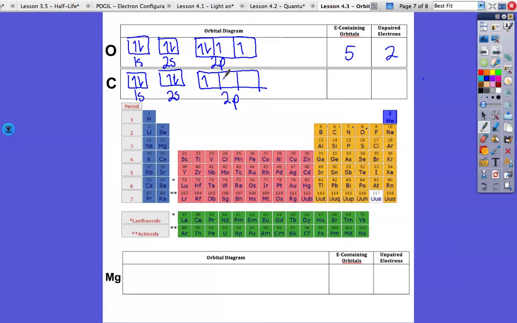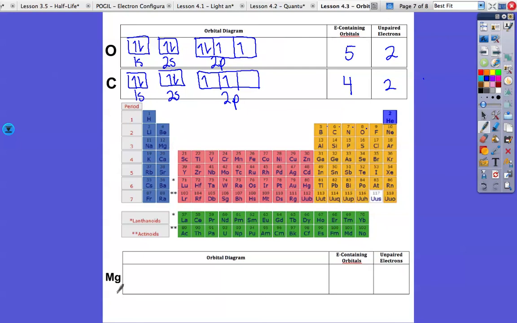So the first box gets 1 and the second box gets 1. And that's all of the electrons that we have. For electron-containing orbitals, we only have 4 electron-containing orbitals, and we have 2 unpaired electrons.